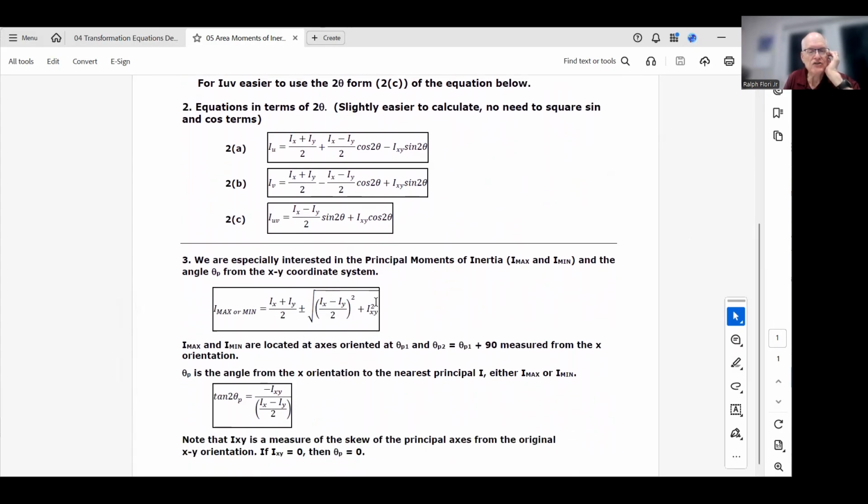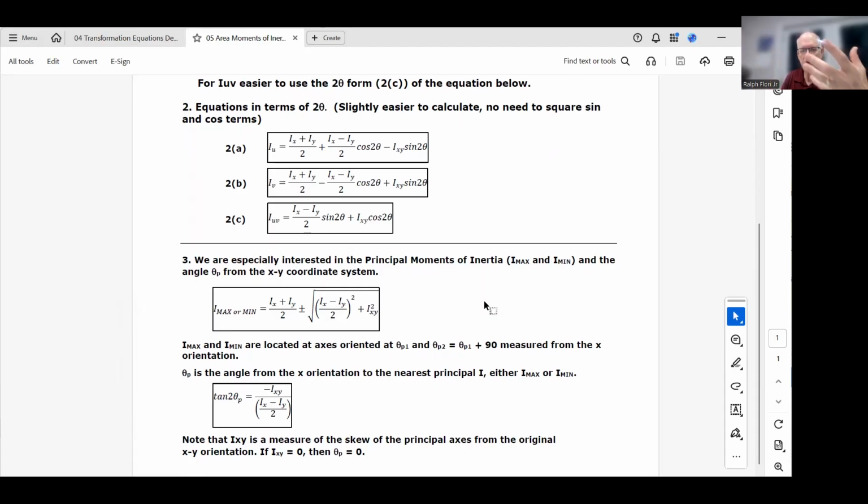This is the I max or I min equation, which we'll talk about later. And this is the tangent 2 theta p equation used to find theta p. And again, theta p is the angle from the x-axis to your nearest I max or I min, which is called a principal I.